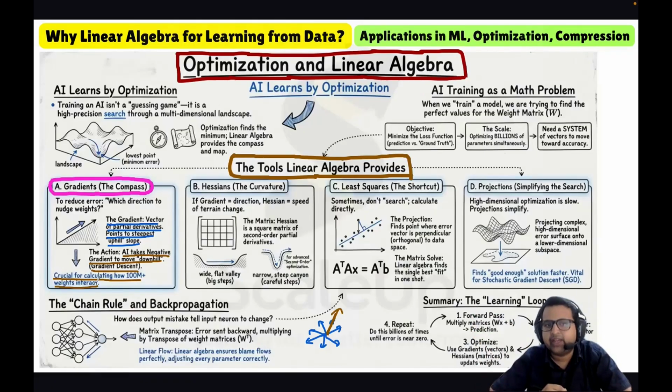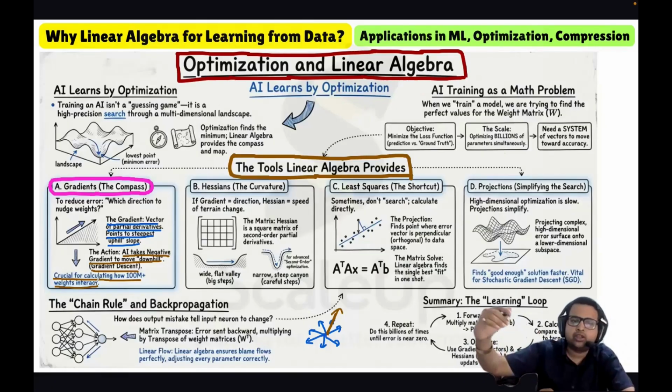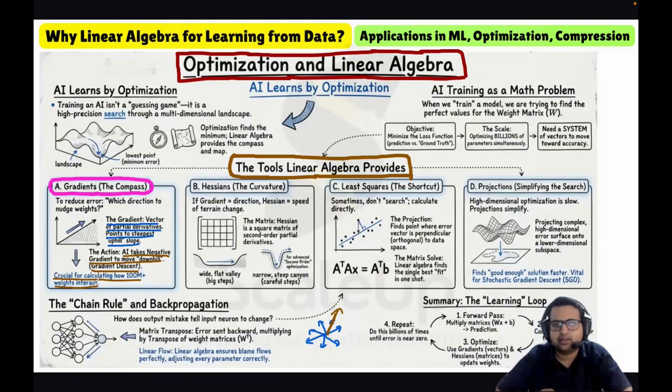We take the negative gradient and get a direction which will take us to the lowest point in the landscape, which will minimize the error. So the gradient is a very powerful tool which plays a role in optimization.